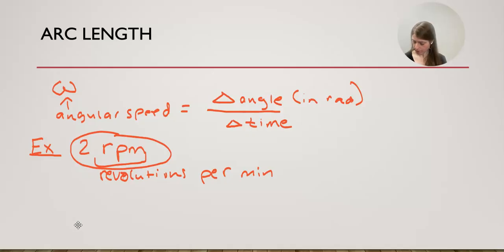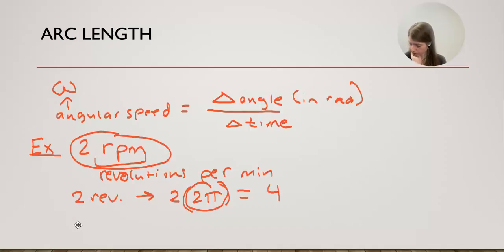So I want you to think about 2 revolutions. Well, that's actually 2 pi angles. In other words, 1 revolution is 2 pi radians. So 2 revolutions is really 4 pi radians.